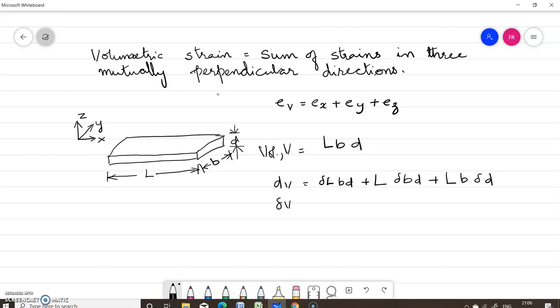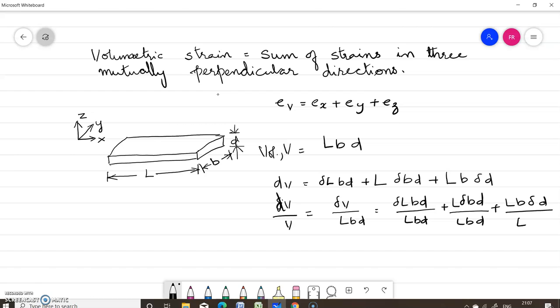So if we are dividing this dV by original volume, that is L into B into D, delta L into B into D by L into B into D, plus L into delta B into D divided by L into B into D, plus L into B into delta D divided by L into B into D. This becomes delta L by L plus delta B by B plus delta D divided by D.